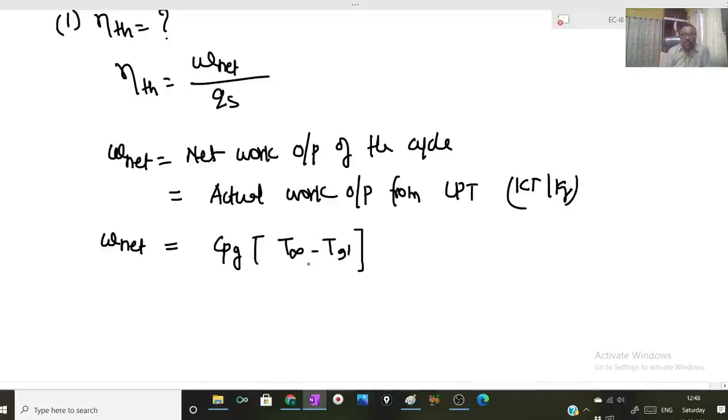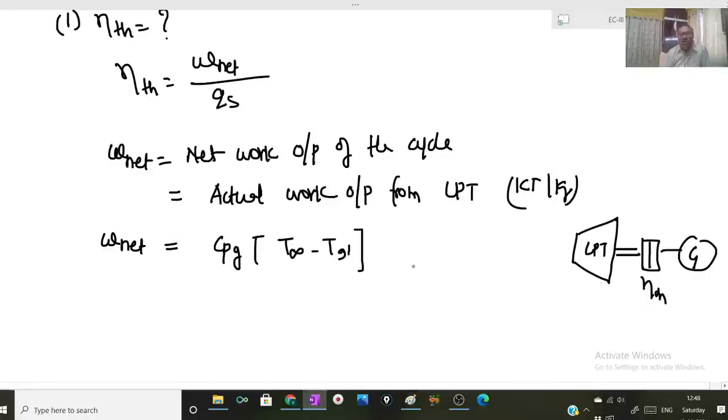This is the work output from the LP turbine shaft, and this much power will be transferred through coupling, because this is the LP turbine and it is connected to the generator through this coupling.